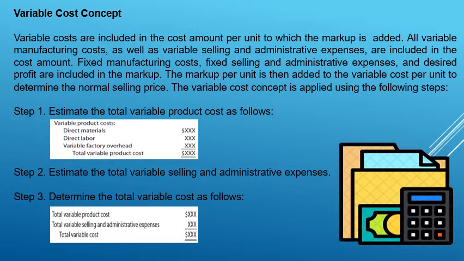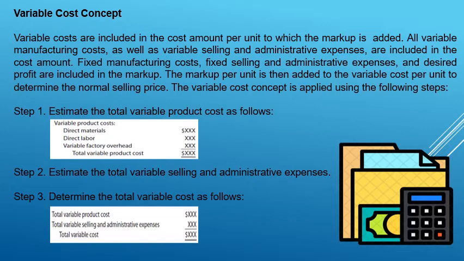So we have here the following steps in order to get the variable cost concept. So first is to estimate the total variable cost. So as we all know, these are the direct materials, direct labor, and variable factory overhead.